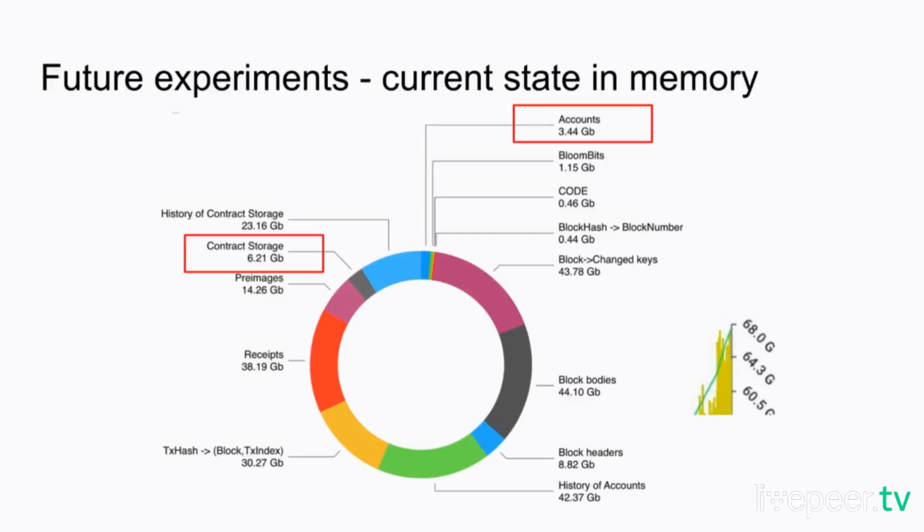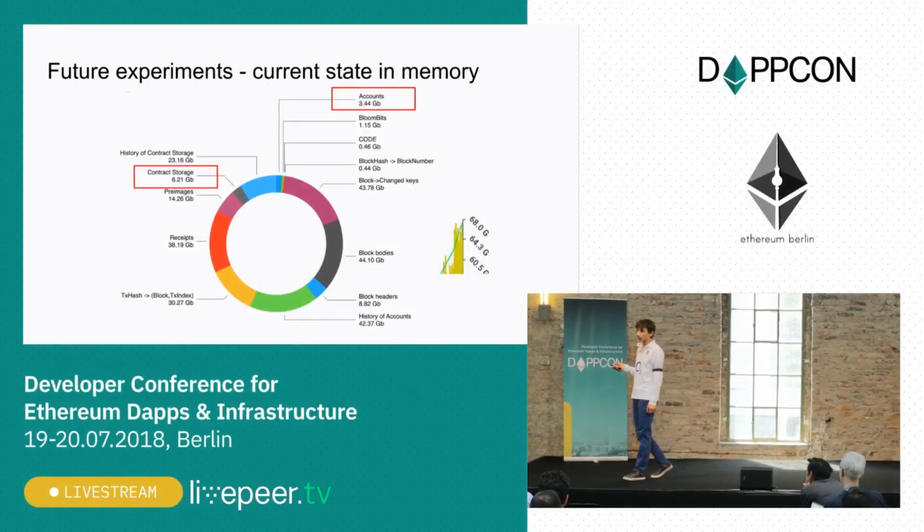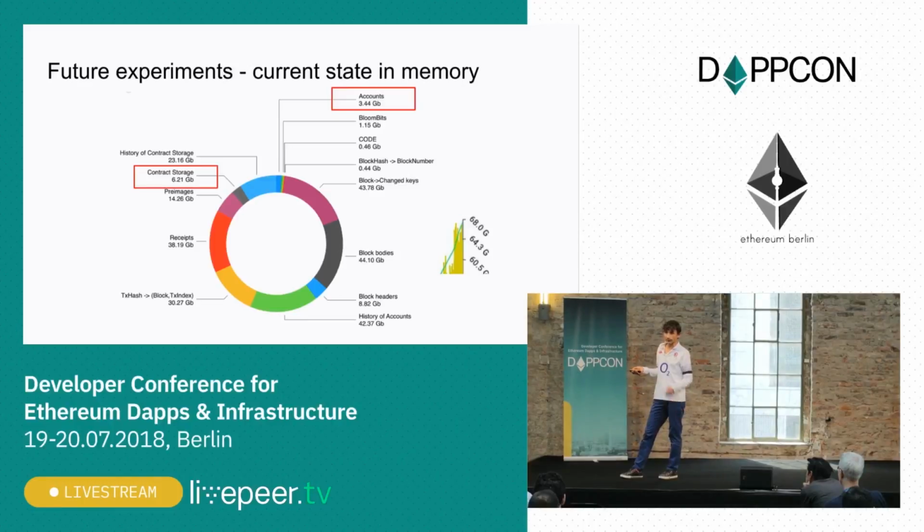And what I also realized when I did this graph is that the current state isn't actually that big. Do you remember I needed 68 gigs to store it as a Patricia tree? But when I store it as a B tree, which is how I represent it in the database, it takes less than 10 gigabytes. So there's almost a 7 times blow-up when it's stored as a Patricia tree in the form that it is now.